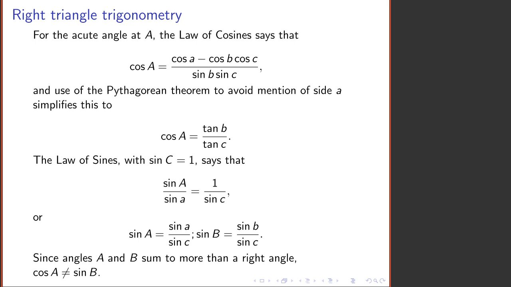So what does right triangle trigonometry look like in spherical geometry?